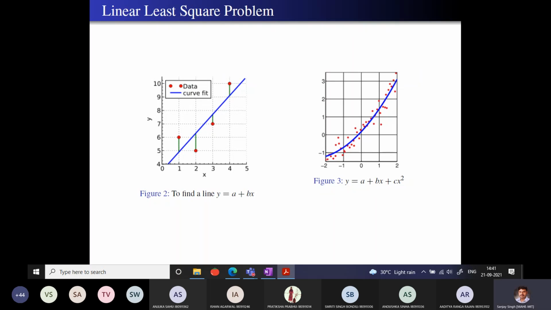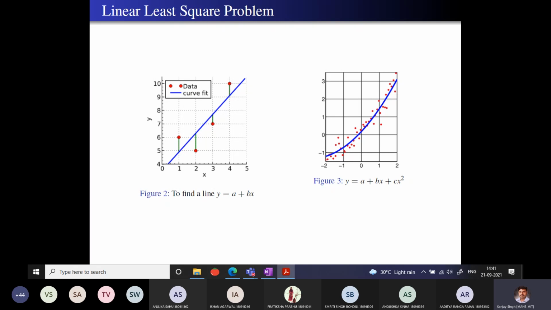Whatever I'm going to tell you now is not there in the book, but before jumping upon this idea of least square filtering, we should understand what we really mean by the linear least square problem itself. I hope you understand the problem: points are there, you cannot do anything with the points.